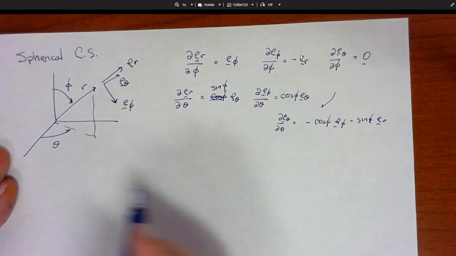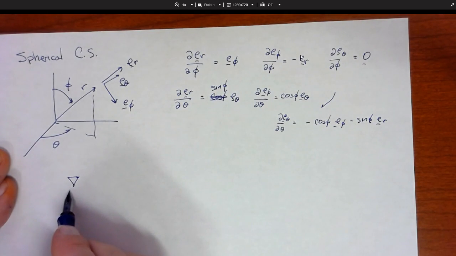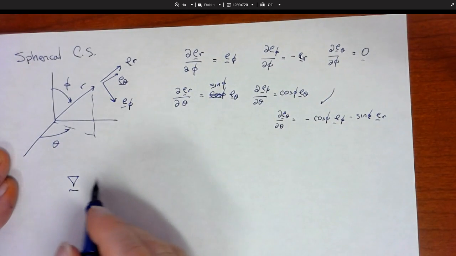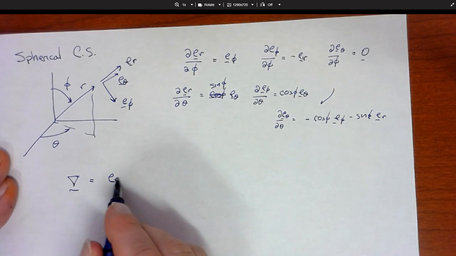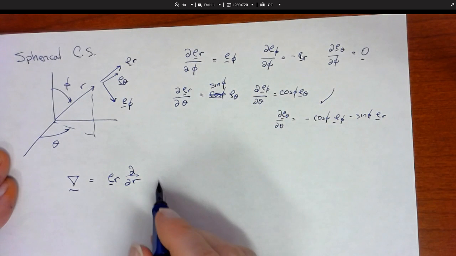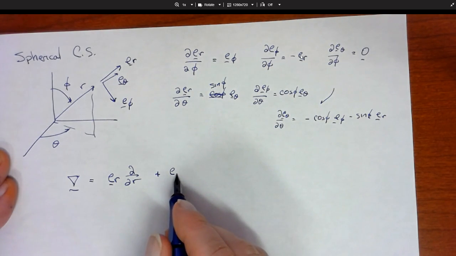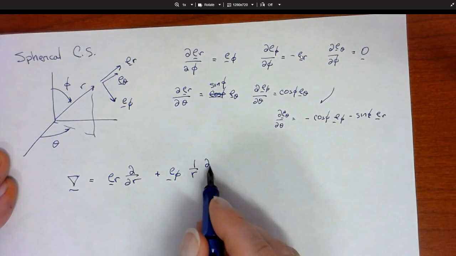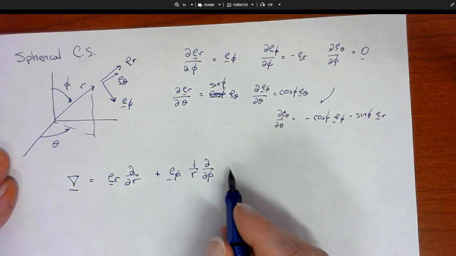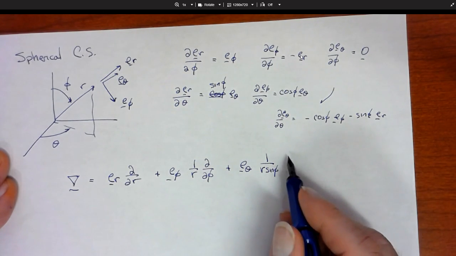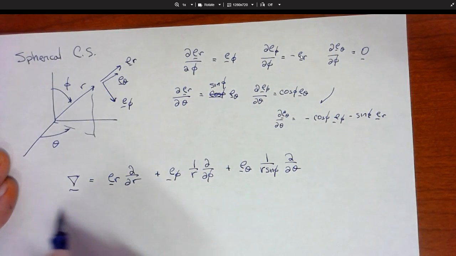And then lastly, the gradient operator is going to be what I just derived. In the r direction, it's that. In the phi direction, we get a 1 over r partial derivative with respect to phi. And in the theta direction, we get a 1 over r sine of phi partial derivative with respect to theta.